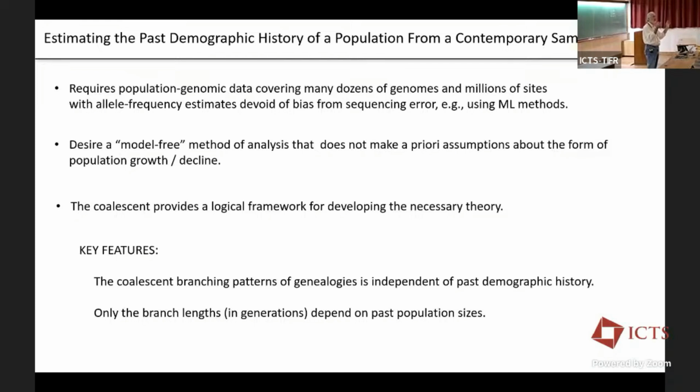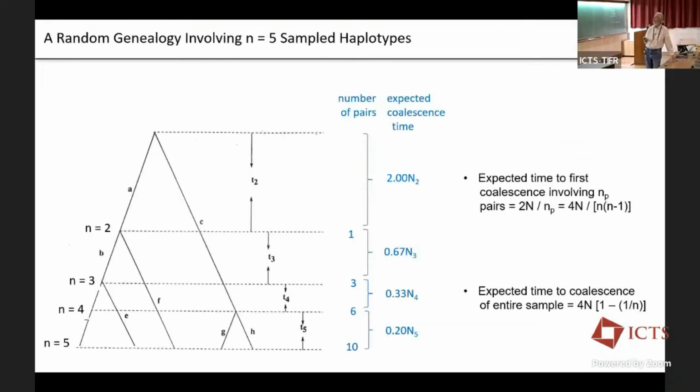So the branching patterns are independent of the underlying demography. That's a sampling process. But the branch lengths in the genealogy do depend on the history of the population sizes. And we're trying to use that information now to infer past population history.